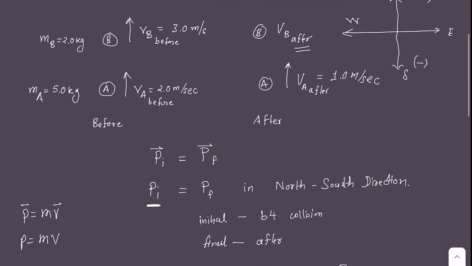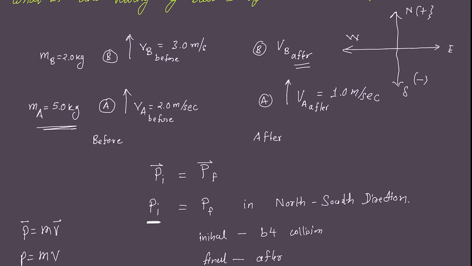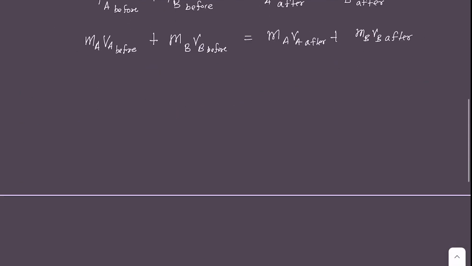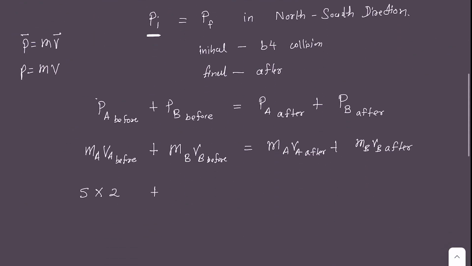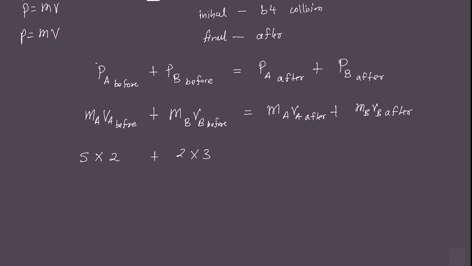So MA is 5 kilograms and VA is 2 meters per second, so this will be 5 times 2. And then MB is 2 kilograms and VB is 3 meters per second, so this will be 2 times 3.